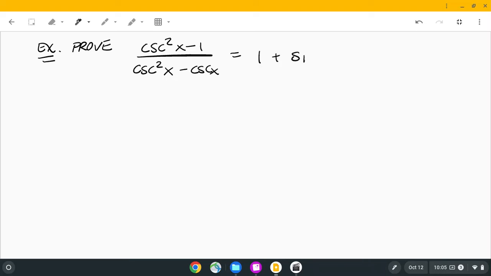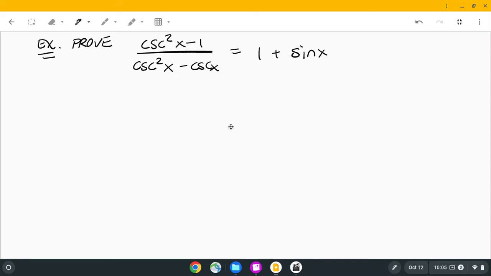Okay. So let's go ahead and prove cosecant squared x minus 1 over cosecant squared x minus cosecant x equals 1 plus sine x. I think this side looks more complex, so I'm going to choose this side. Maybe you try it too.